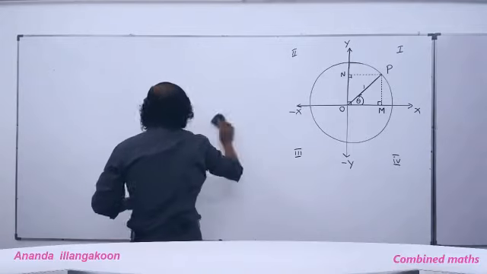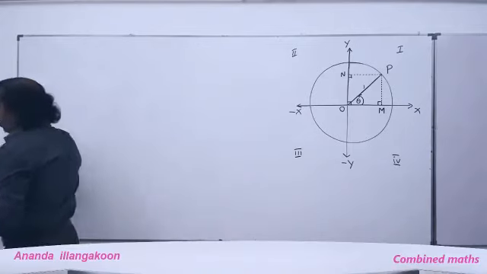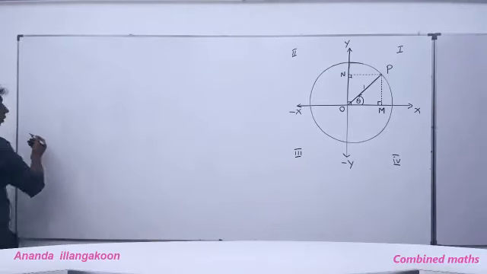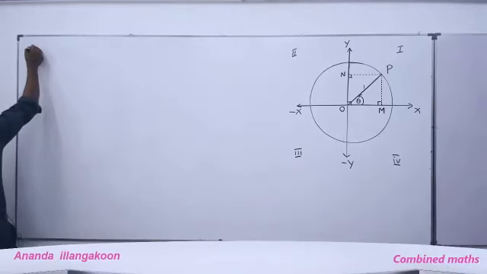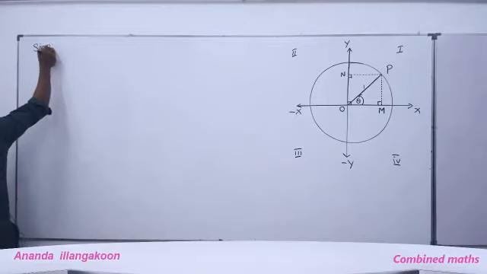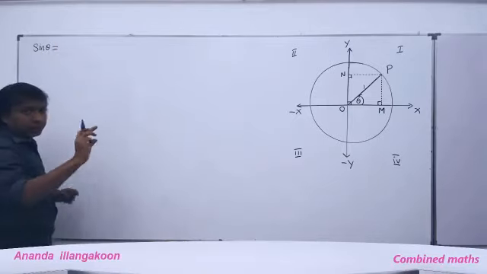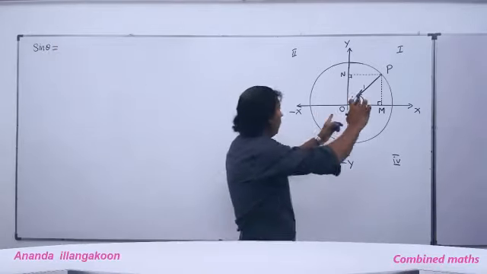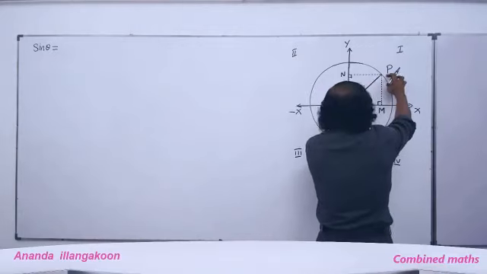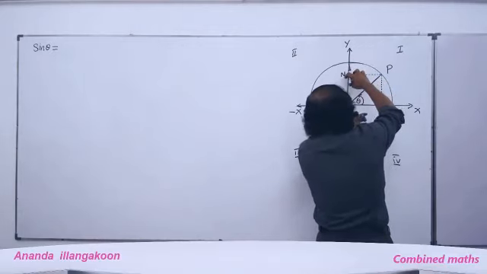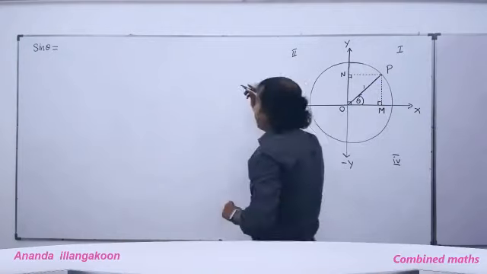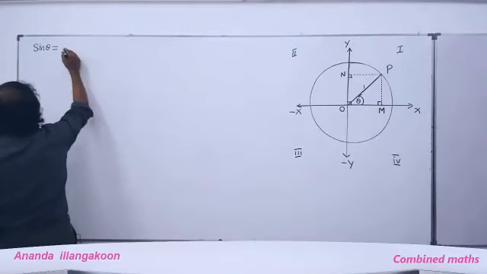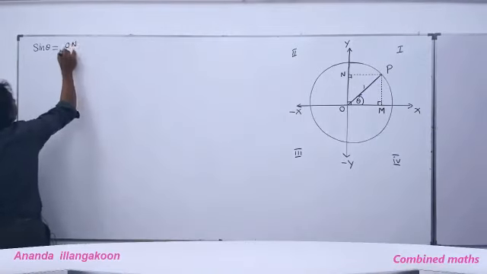Right. We'll see what happens. Okay? Sine theta. What is that, people? Sine theta? Perpendicular projection of this OP on the y-axis. It is ON divided by OP. ON divided by OP.